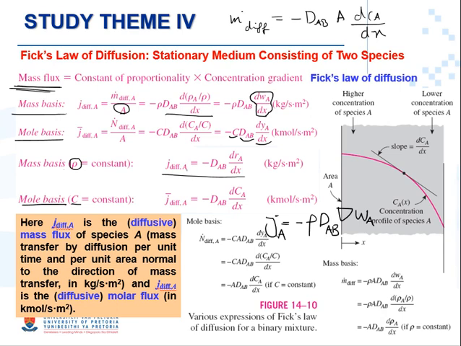Okay, now we talked about what we call it, but what about the unit? Because it's very important to have it. So for D_AB, the unit is square meter per second. Square meter per second does ring a bell.